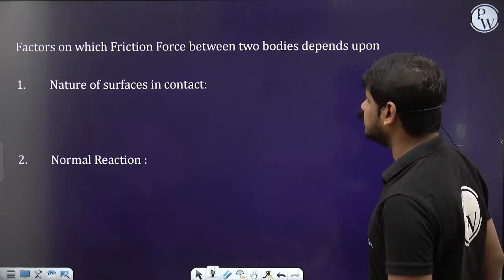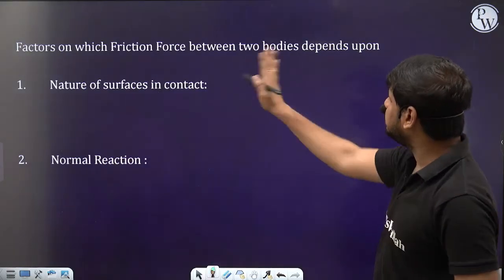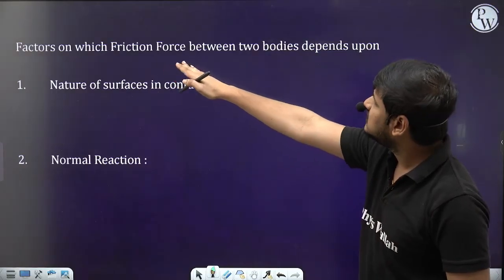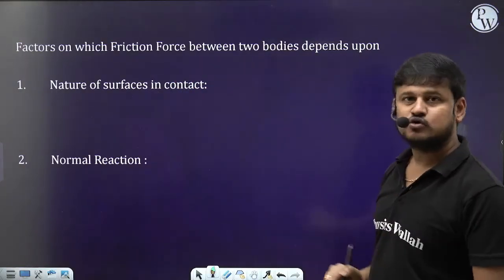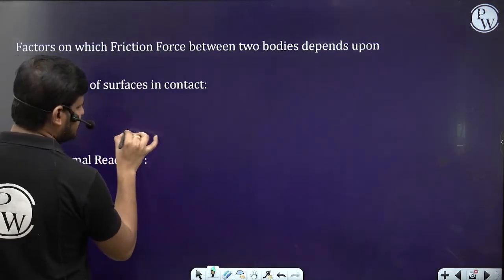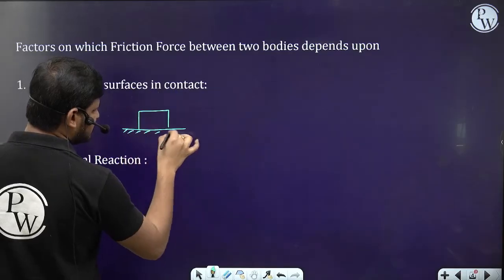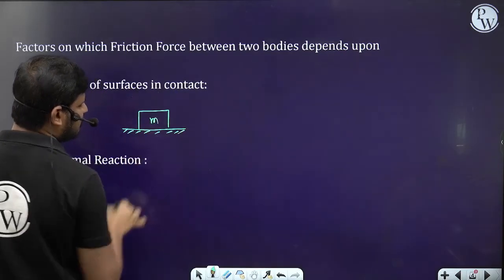So let's move further. On what factors does friction depend? On what factors does the frictional force between two bodies depend? First, the nature of the surfaces in contact. Let's suppose this is a rough surface and this is a block of mass m.